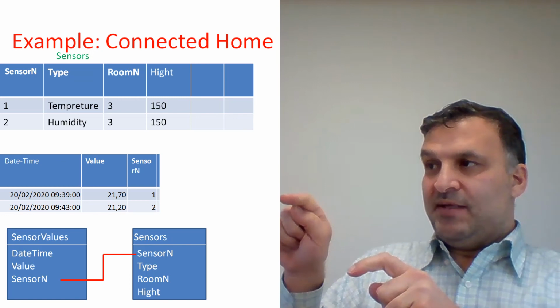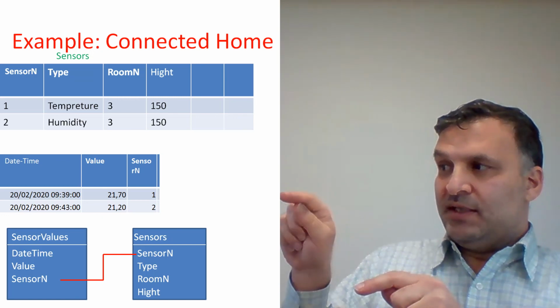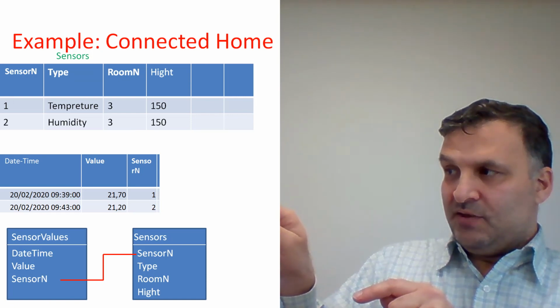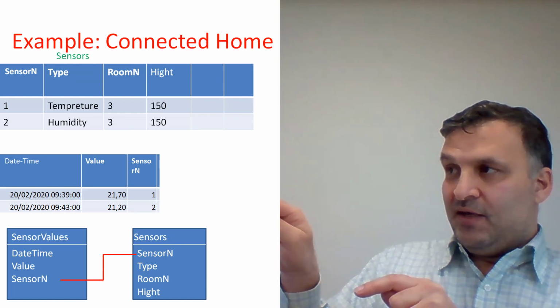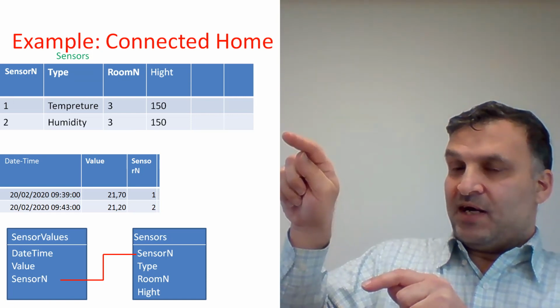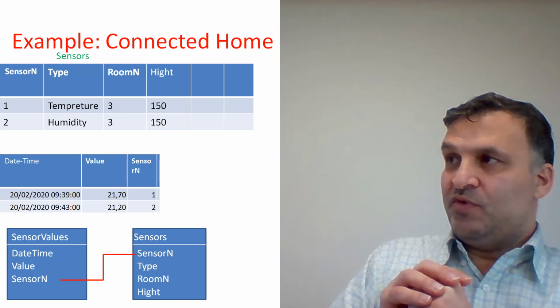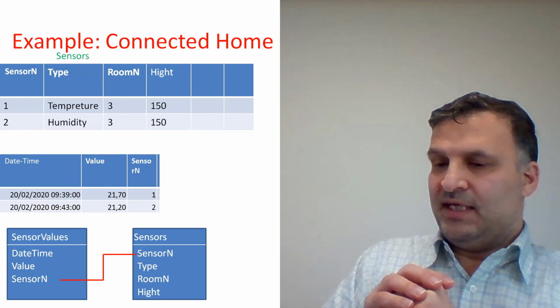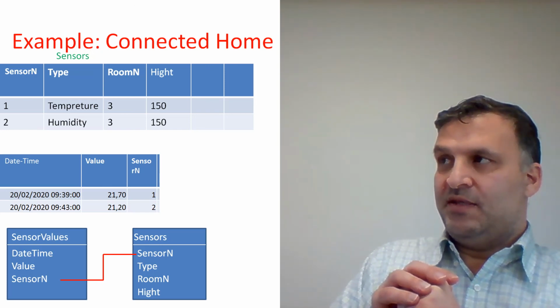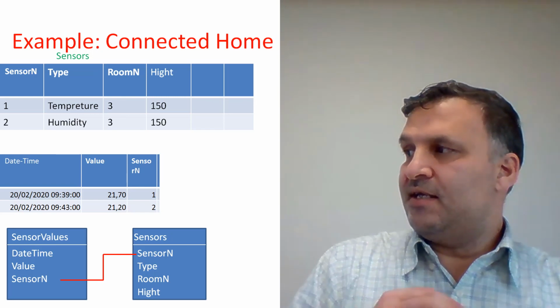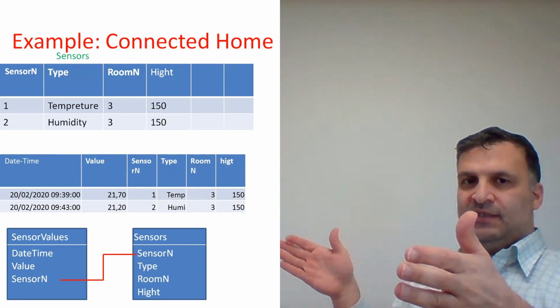So the database management system will look at sensor number 1, for example, on the first line of the table. It will search for the row related to this number in the second table, the sensors table, and it will add it to complete the line.